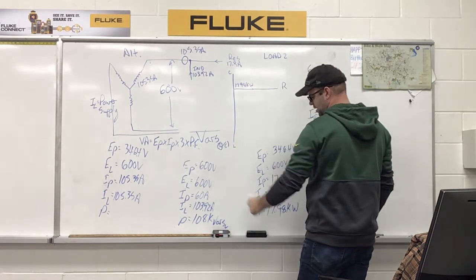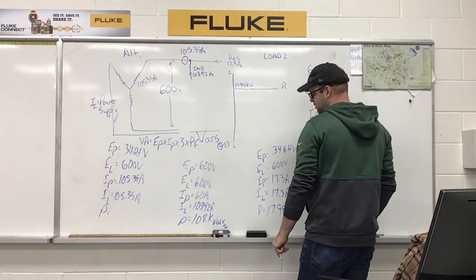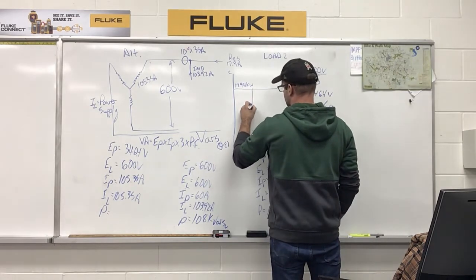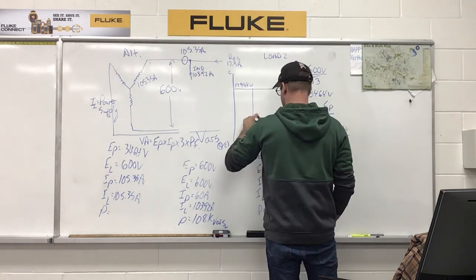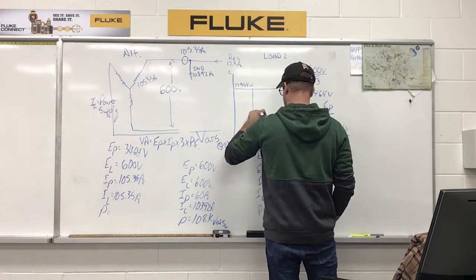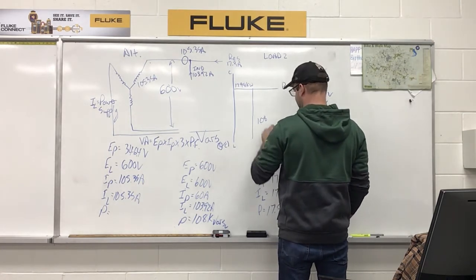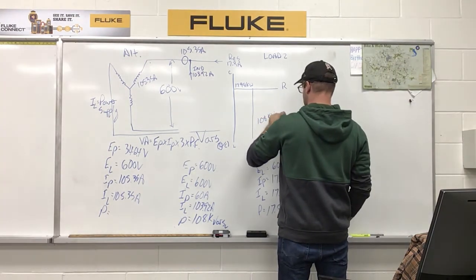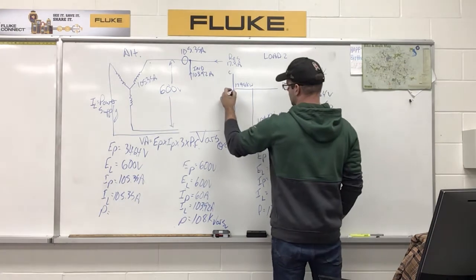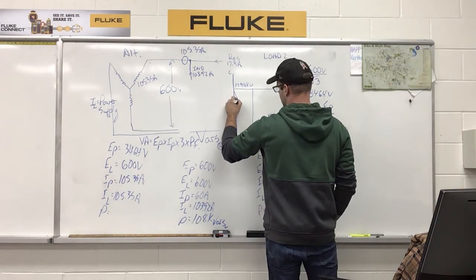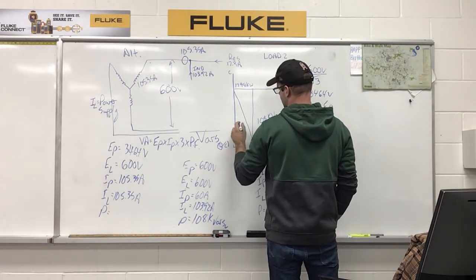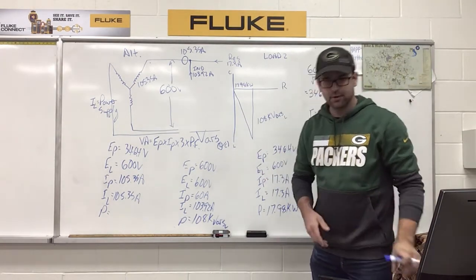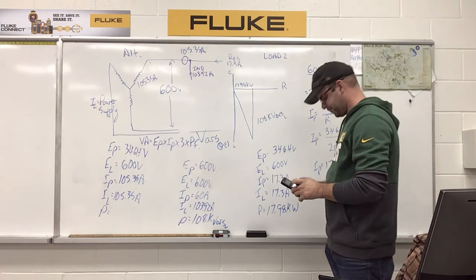And we've got our kVARs, our inductive is going to be 108 kVARs, and then we need to look at what our hypotenuse is, and that hypotenuse is going to be our total three-phase power.